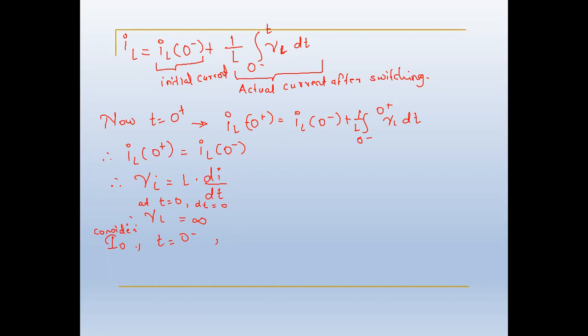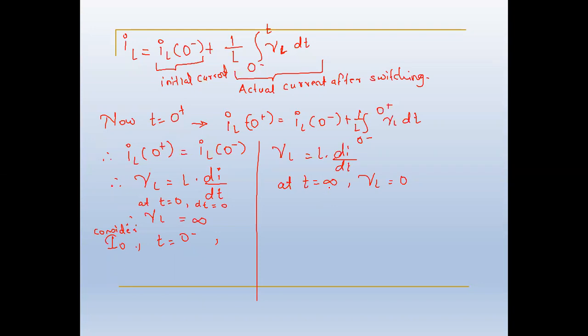So we are having VL is equal to L into diL by dt. So at t is equal to infinite, VL is equal to what? 0. So thus at t is equal to infinite, the voltage across the inductor becomes 0. That means it acts as a short circuit.